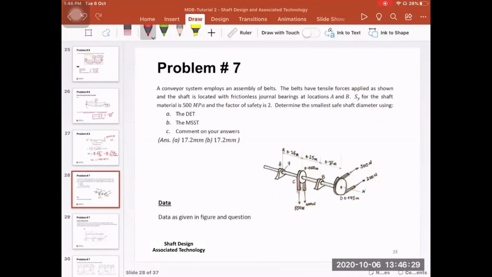Problem number 7. You see here we have an interesting problem. We have a conveyor system that employs an assembly of belts. So we have a pulley here, we have another pulley here, and it just transmits the power through a belt.